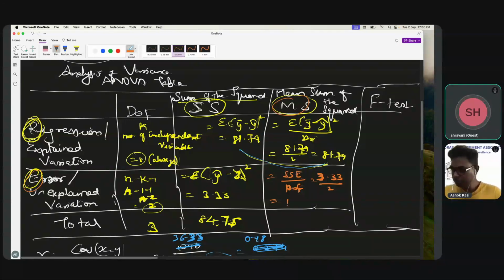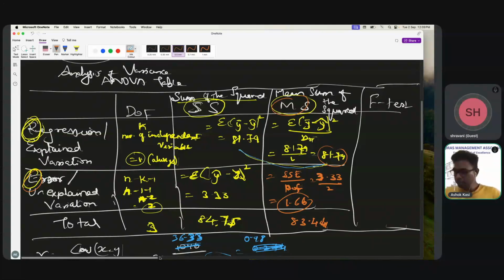That gives 1.66. Now you add these two: 83.45. Okay, right. So we have filled up all this.